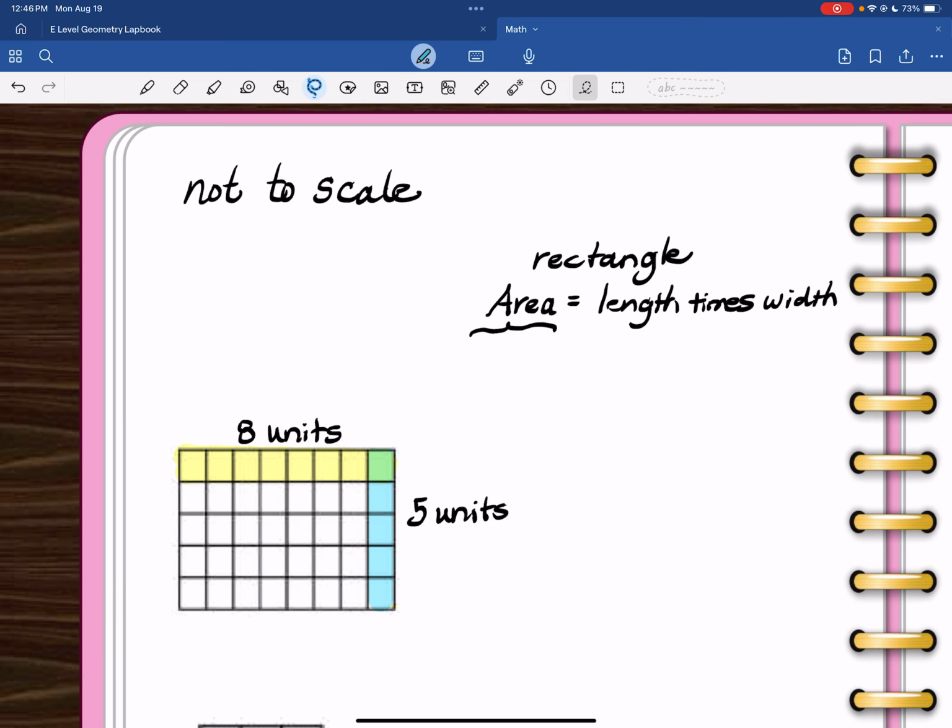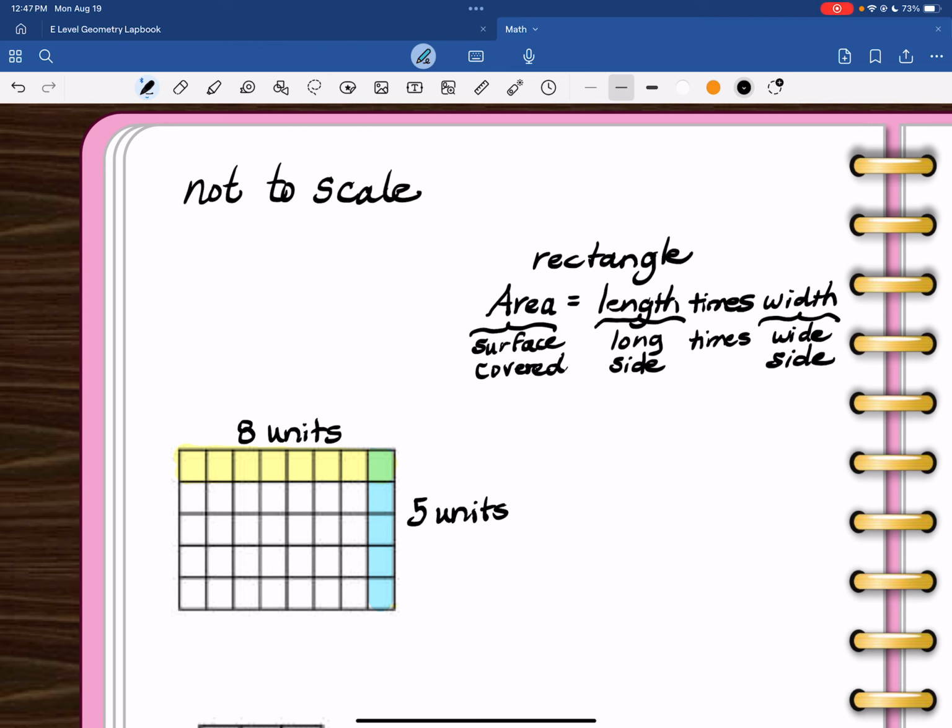Okay, the area, remember that is the surface covered. The length is the long side times the wide side. And that's even worse to write all that out.